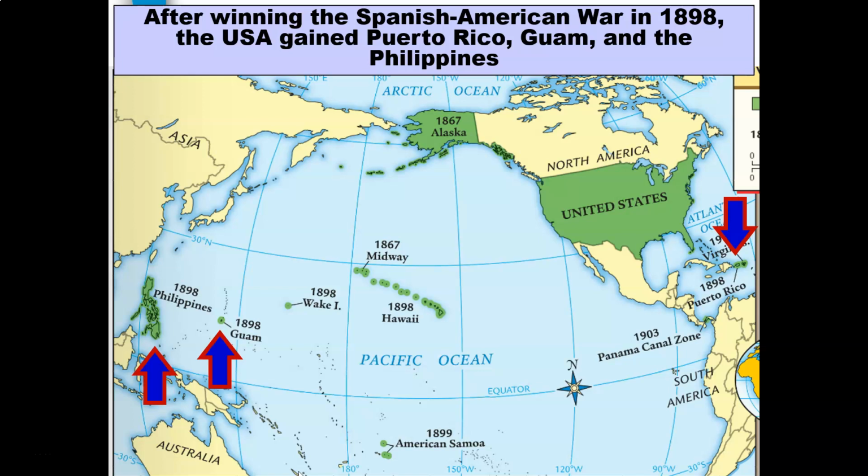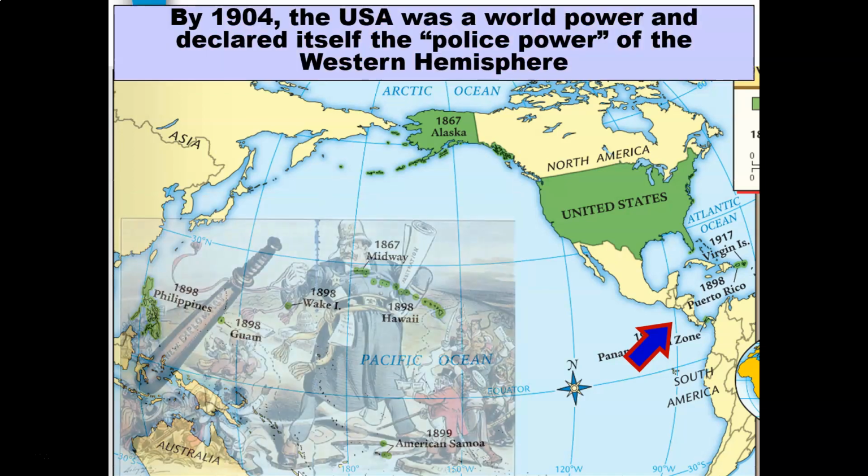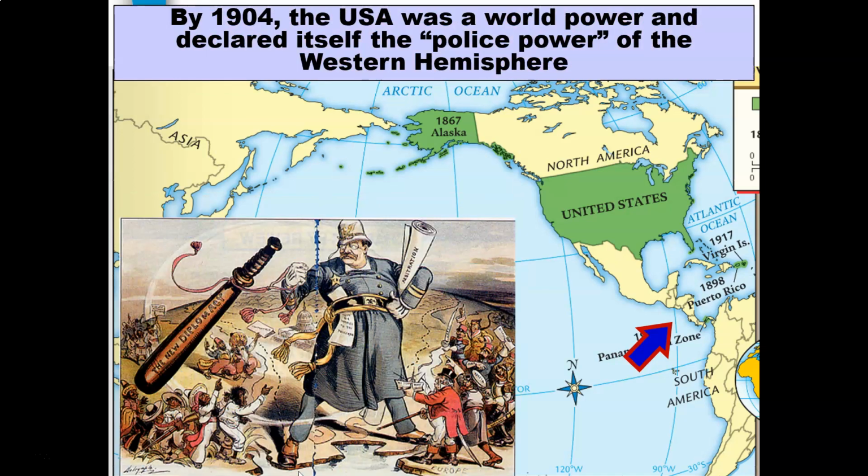So the United States was able to acquire many strategic territories and places where it could sell finished goods. According to the United States, it wanted to protect newly independent Latin American republics from imperialism by European powers. By the year 1904, the U.S. was a world power and declared itself the police power of the Western Hemisphere.